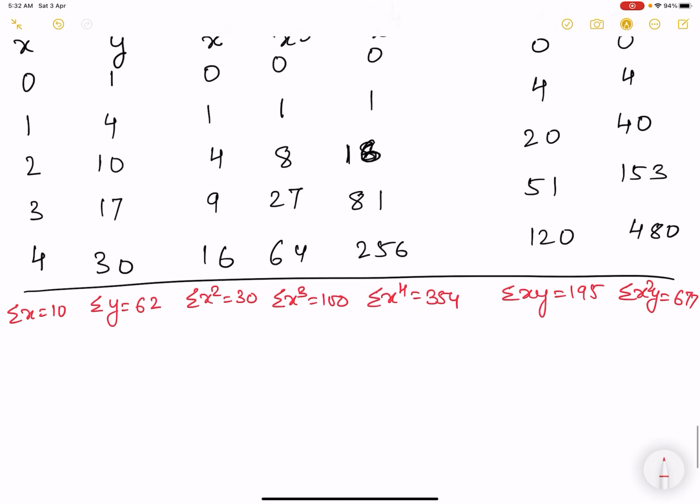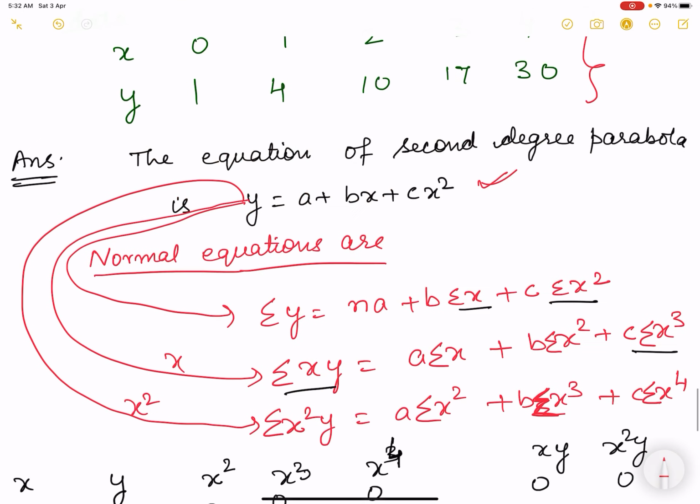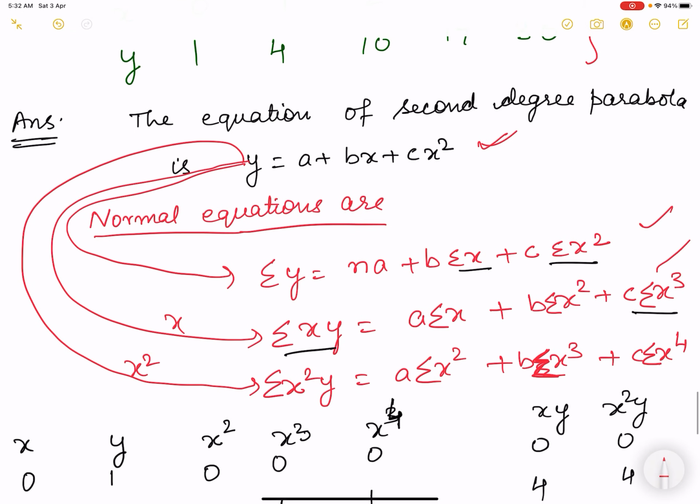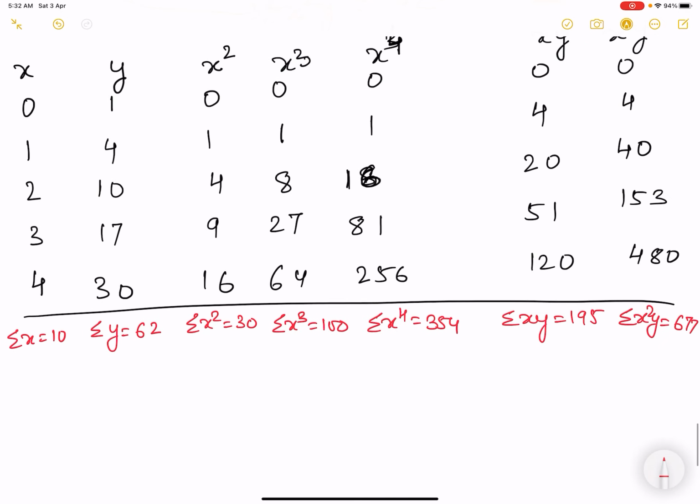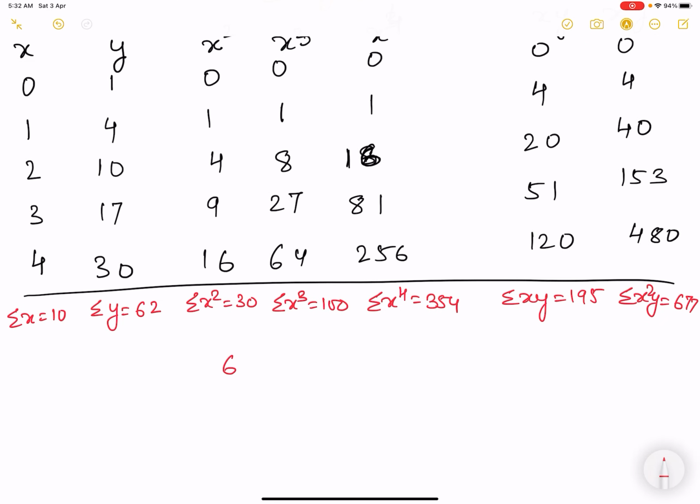We are going to put the values in the normal equations, which we had found. So let us put the values in the normal equation. What is the value of sigma xy? It is 195, so it is 10a plus 30c. B 100c.